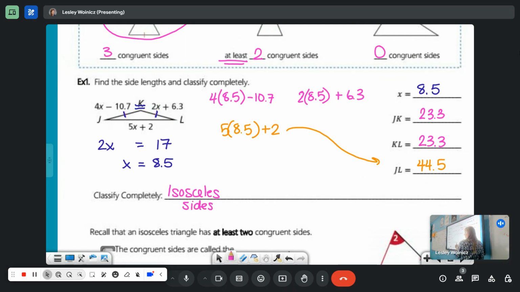So I can still also classify it by angle measures. Yeah, it's very obtuse. So this is by angles. Okay, easy enough.